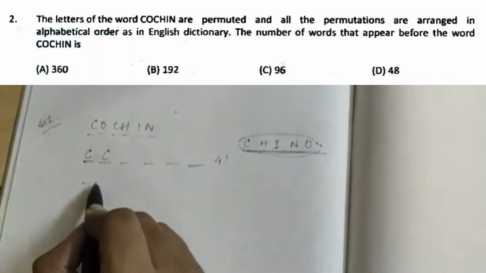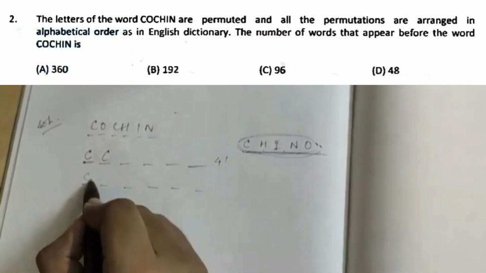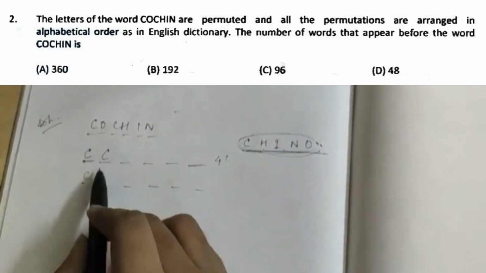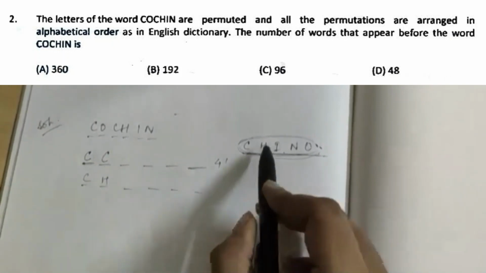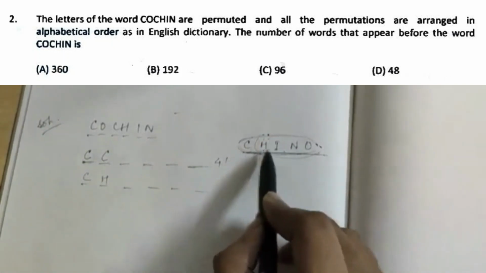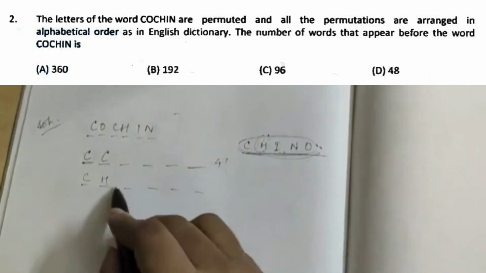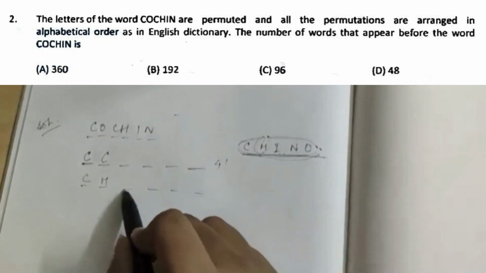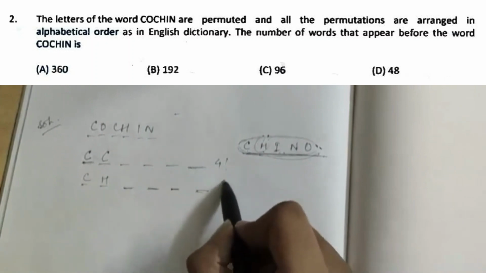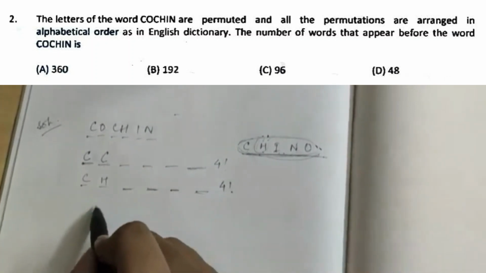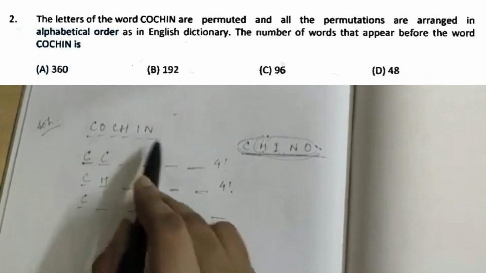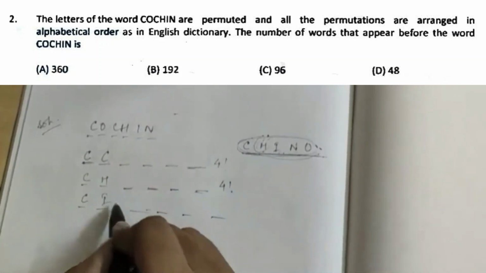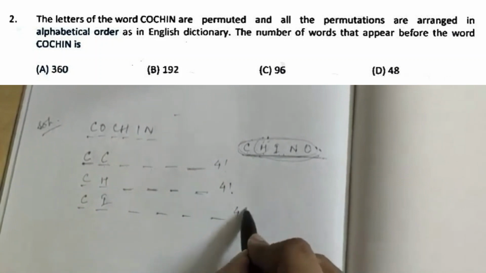Again, if I fix the place of H in the second place, then H will get cancelled and CINO can sit among any of these 4 places. So there will be another 4 factorial. In the third case, CI, and similarly it will have 4 factorial.